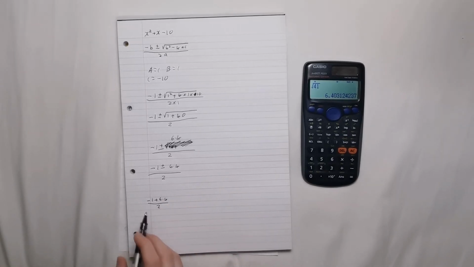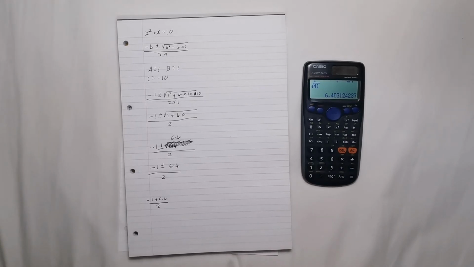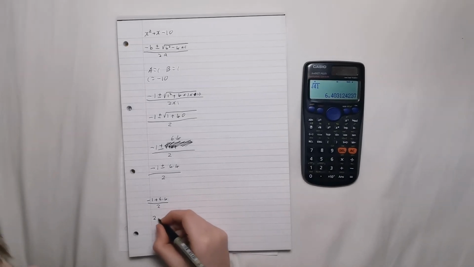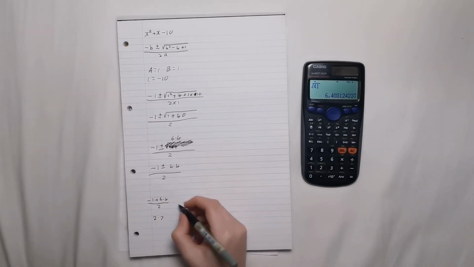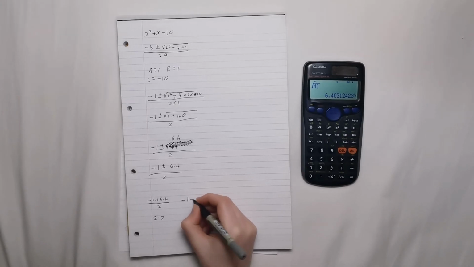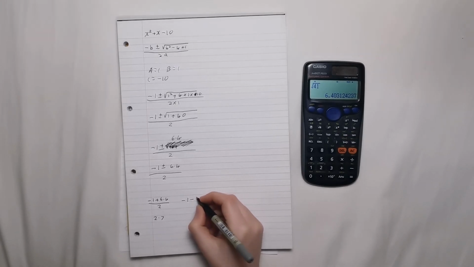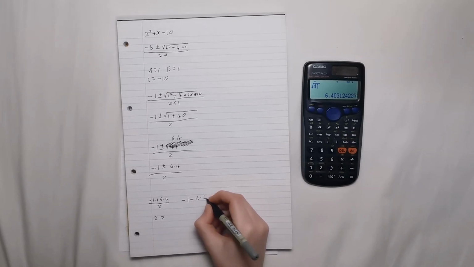So this is 5.4 divided by 2, which would be 2.7. And then the second one, -1 minus 6.4.